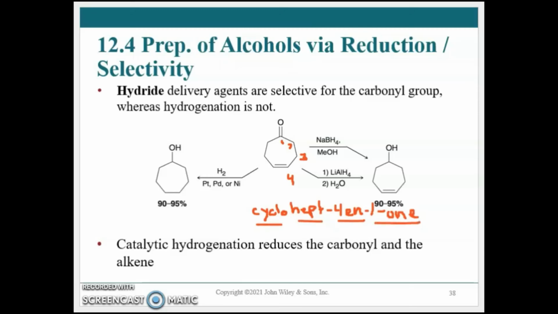When we perform catalytic hydrogenation, both the alkene and the ketone are reduced in very good yield. When we use the hydride delivery agents, either sodium borohydride or lithium aluminum hydride, we selectively reduce the carbonyl, but do not reduce the alkene.